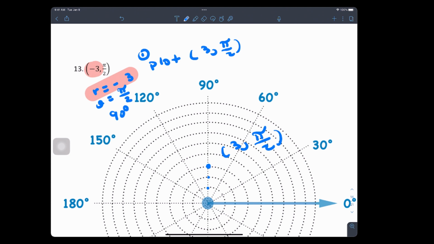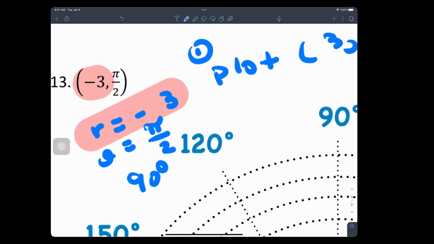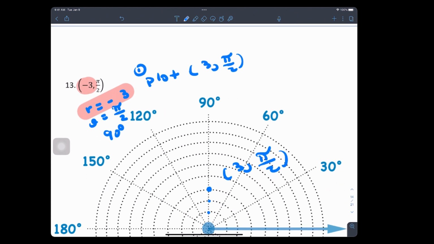But they want us to plot the negative radius value. Well, that is always, now do step 2. Plot the point opposite the pole.